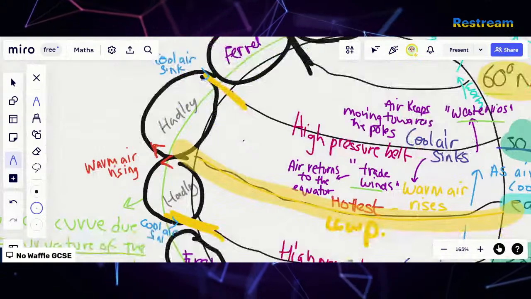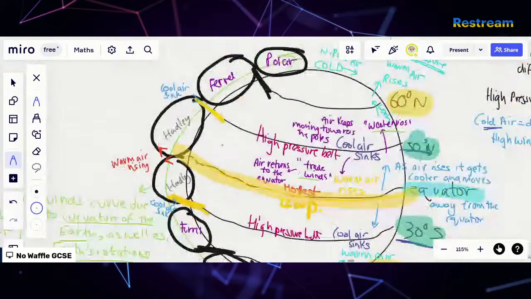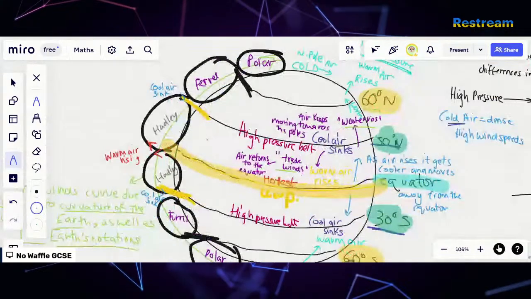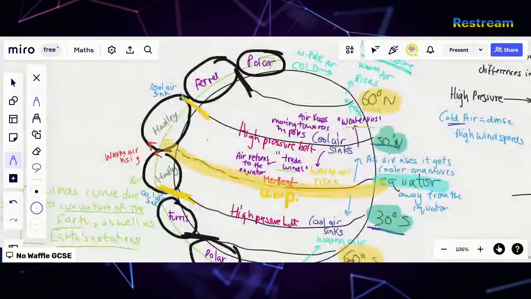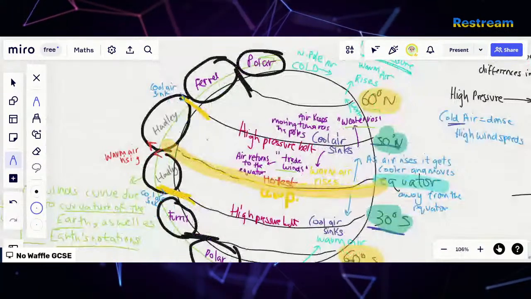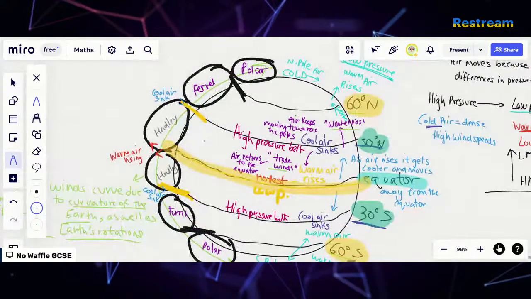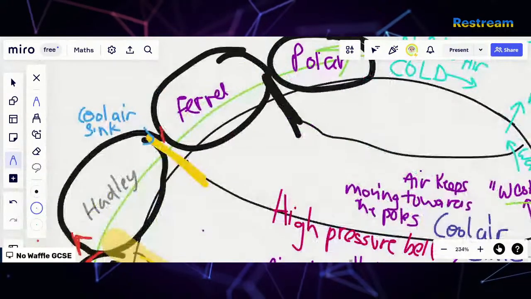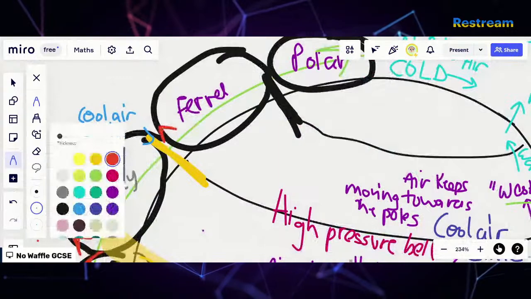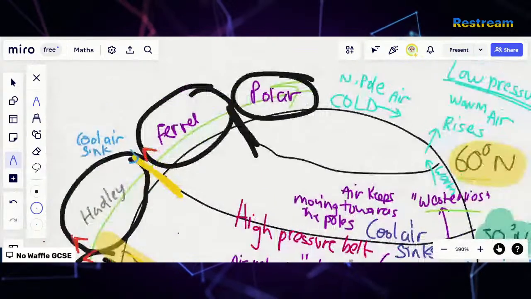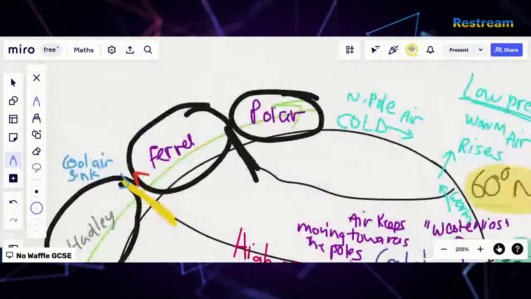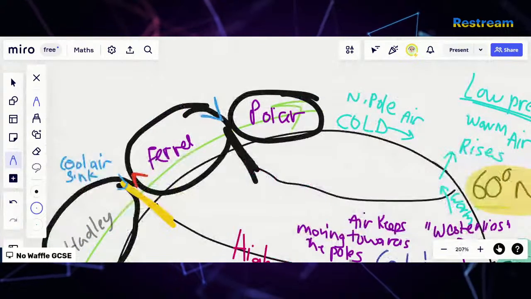But then we see the Ferrel cell, and the Ferrel cell begins at 30 degrees north, and we said that the air that keeps moving is called the westerlies. So then what happens is the westerlies heat up again, but then it sinks as it gets colder towards the poles.